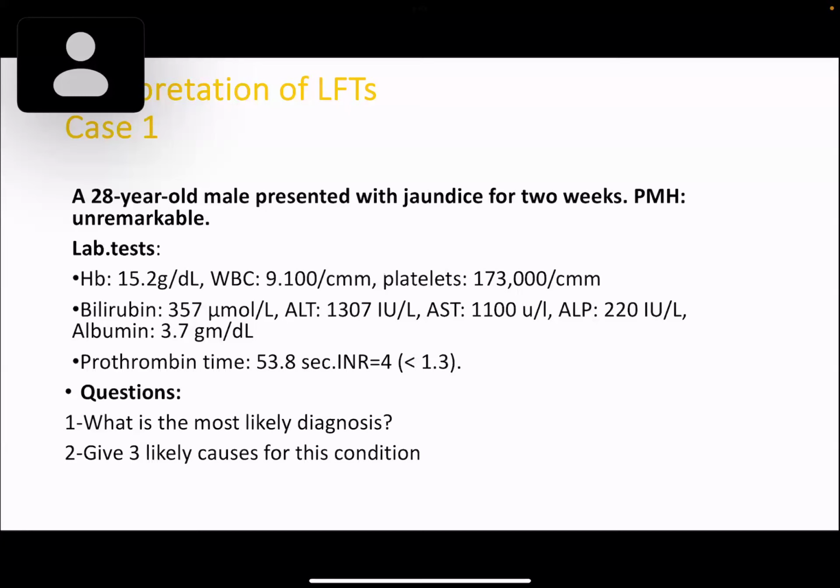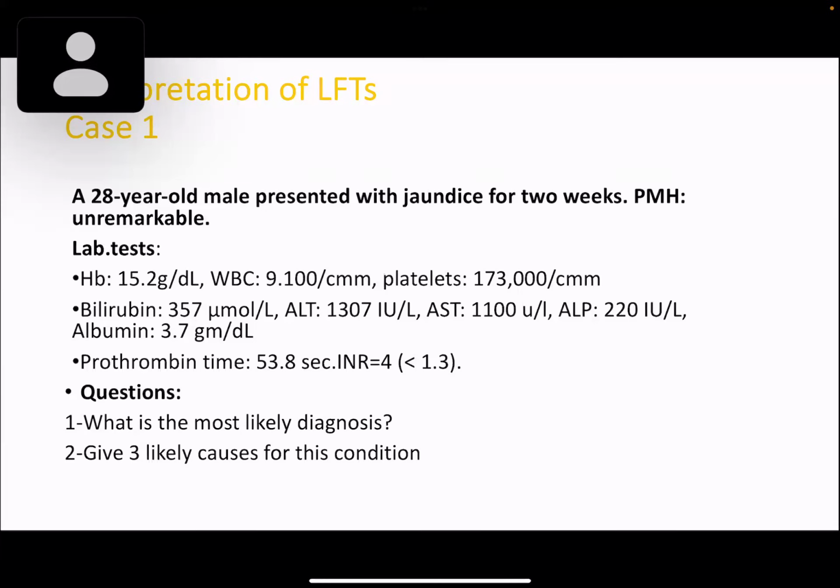His liver function test showed high total bilirubin, almost 357. ALT is 1,307. AST also 1,100 units per liter. Alkaline phosphatase is 220, while albumin is 3.7 gram per deciliter.